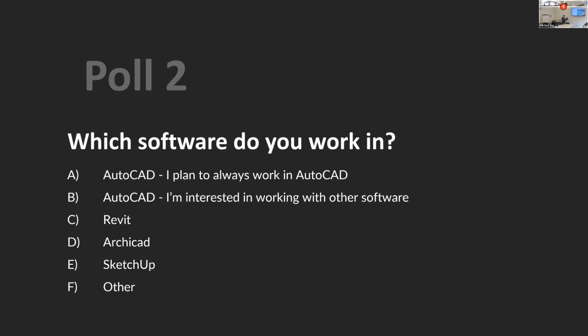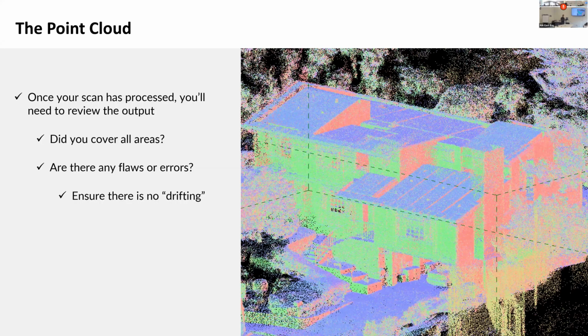All right, so reviewing your data before attempting to create a set of as-builts from point cloud is a must. To answer Donald's question earlier, if there are any errors with your cloud, which does happen, using that bad data can either stop you in your tracks when you're drafting or modeling later, or worse, result in a set of incorrect as-builts.